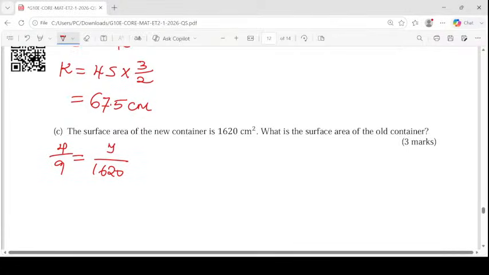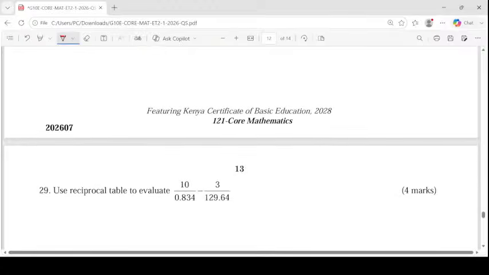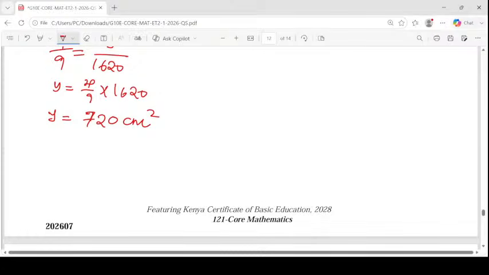So my y will be 4 over 9 times 1620. 4 over 9 multiplied by 1620, you are going to get 720 square centimeters. That is how you respond to that particular question.